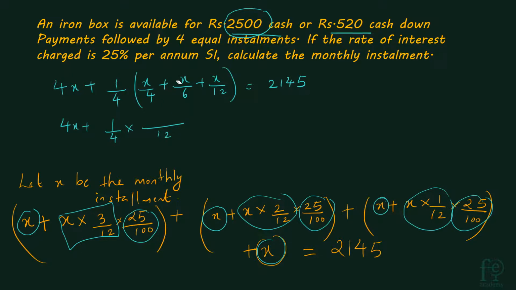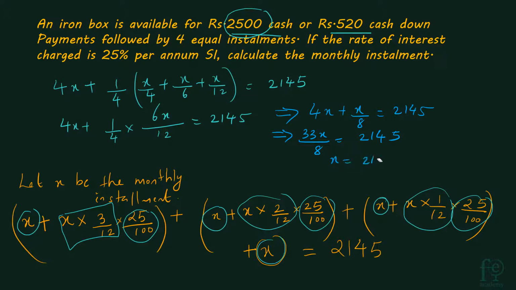So it will be 3x plus 2x plus x, which gives you 6x. So you get 4x plus x by 8 is equal to 2145. So it will be 33x by 8 is equal to 2145, or x is equal to 2145 into 8 divided by 33, which gives you 520. So your answer is 520 is the monthly installment that you have to give.